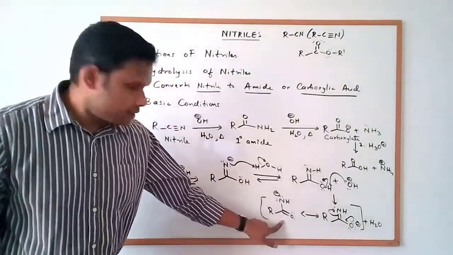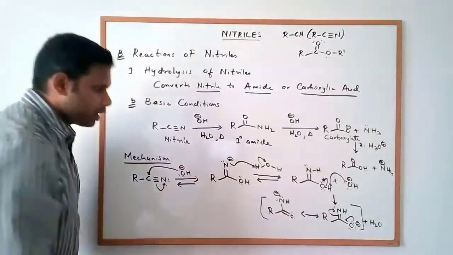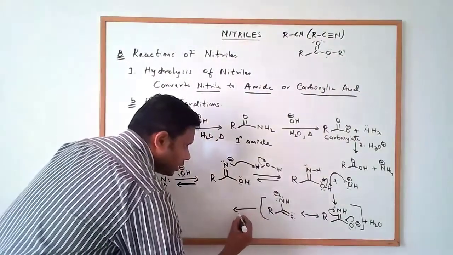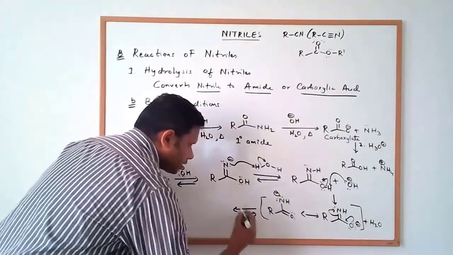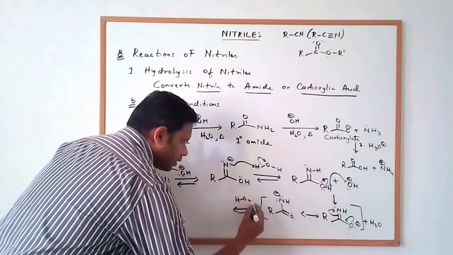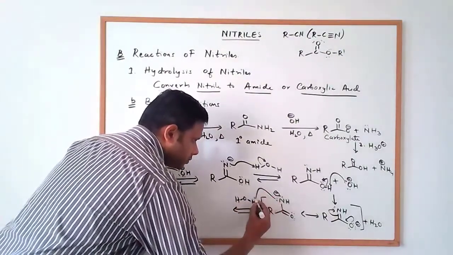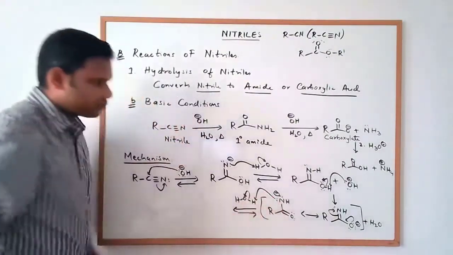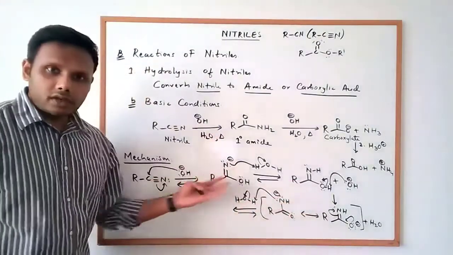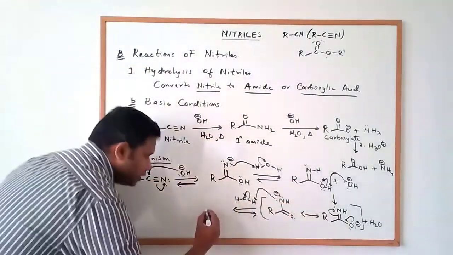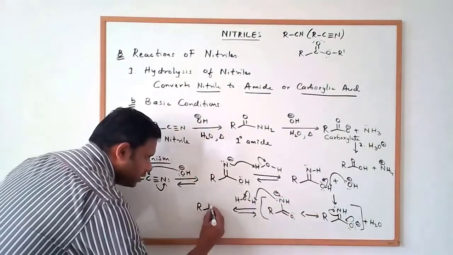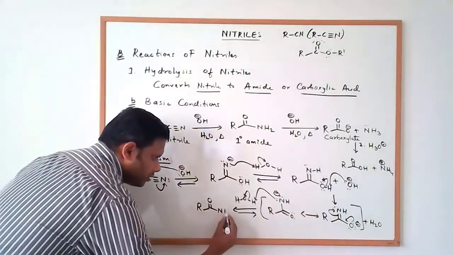Now notice this is the conjugate base of an amide, which in the final step can undergo a proton transfer from water. We are under aqueous conditions here, to give us finally the amide molecule.